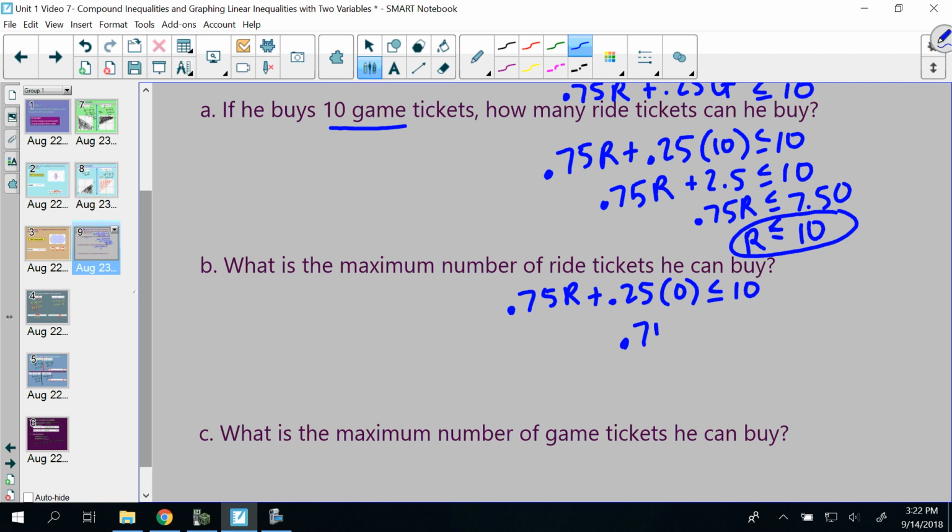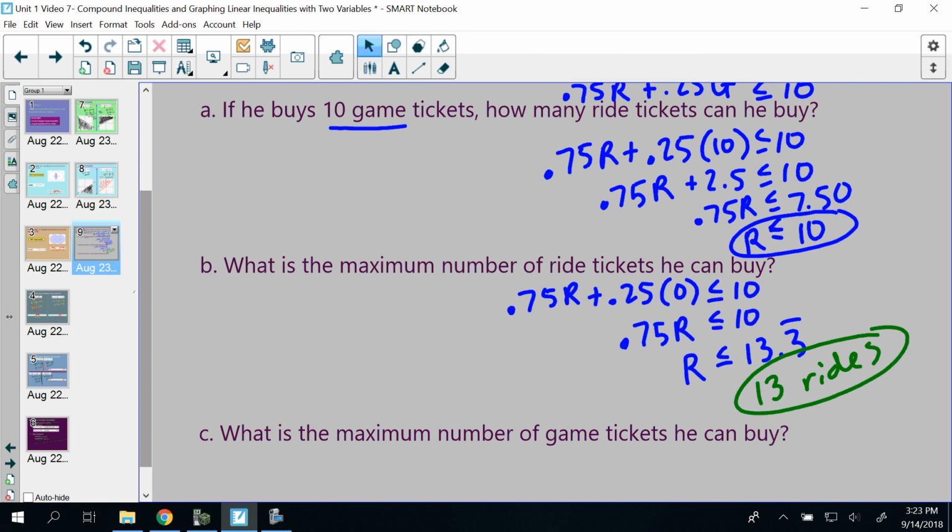So now we're looking at just 75 cents per ride. We got $10 to spend. Divide by 0.75, and it's telling us that we would get 13.3333 repeating. Well, you can't go on a third of a ride. I don't think they let you do it there. So the maximum number of rides then that Manny could go on would be 13 rides.